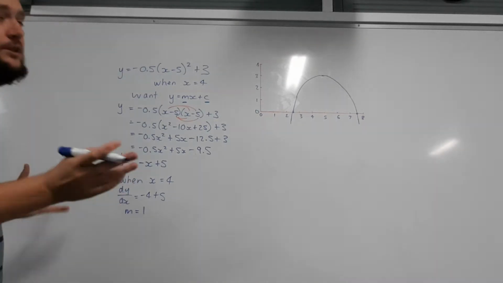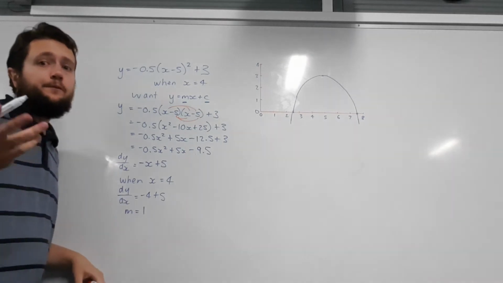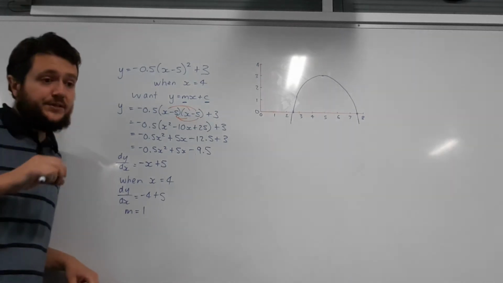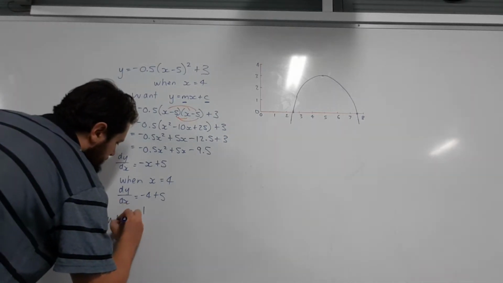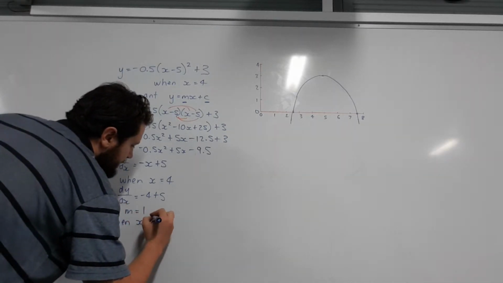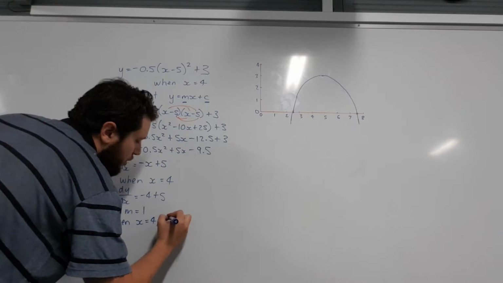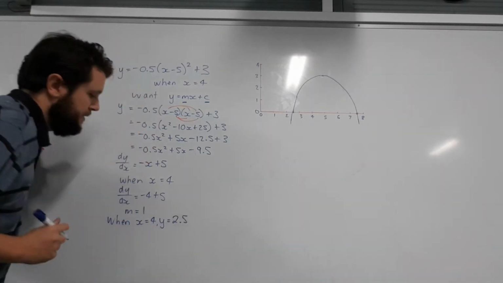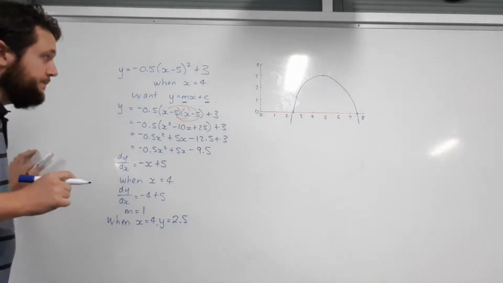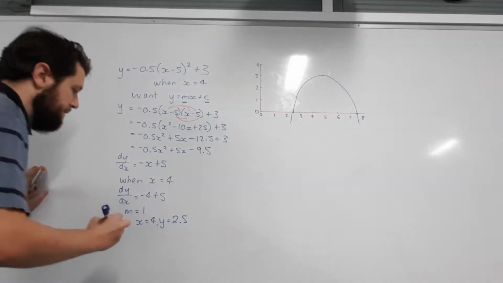Now from previously we need to find c. Thankfully the first part of this activity made us find the exact point. We already know that when x equals 4, y equals 2.5. So we can use what we've got to find the value of c.